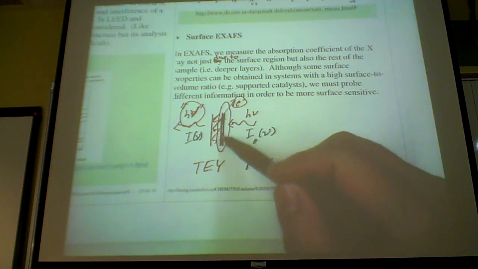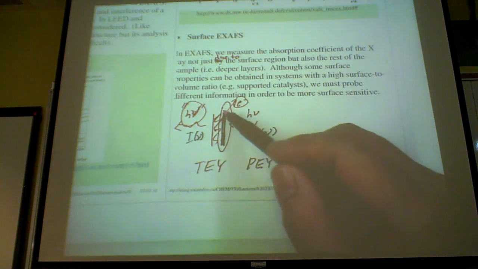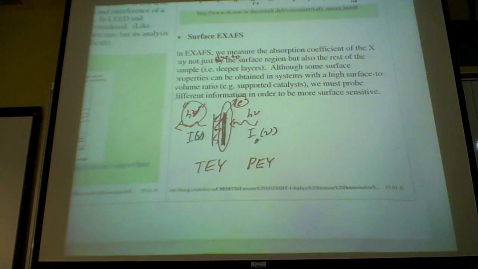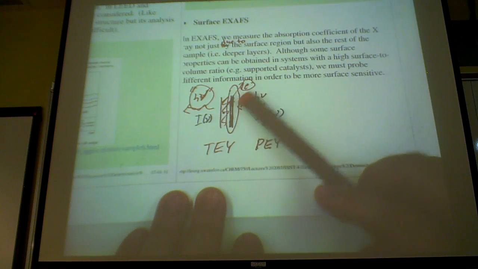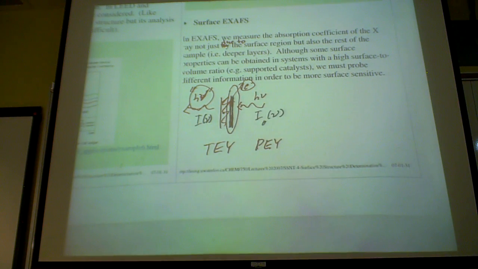Okay, so the mean free path essentially tells me, depending on the energy I got, I could be very surface sensitive if I measure electron yield, because those electrons that come out have to come from near the surface region. The ones in the bulk cannot make it to the surface, and therefore I don't detect that. Okay? So the key here is that I would select my measurement so that I only detect electrons coming out from near the surface, called partial yield measurement.